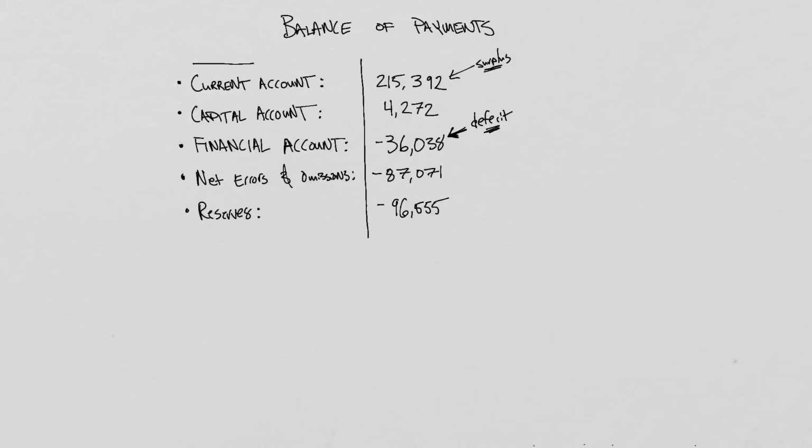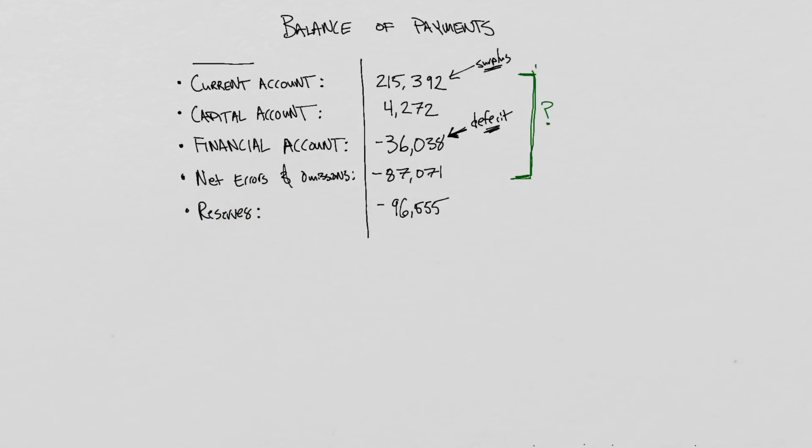And so this is a simple question. What's the sum of these four categories? If you exclude reserves, what's the sum of these all together?